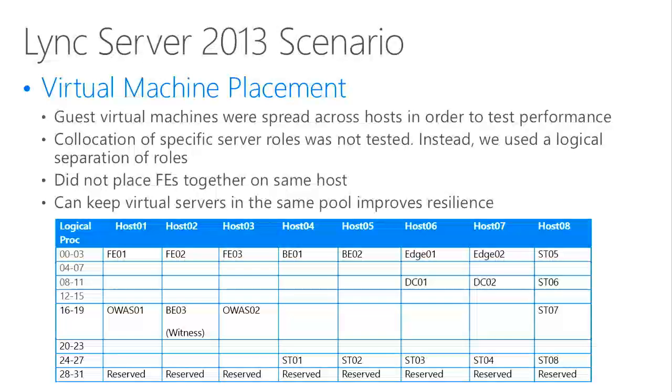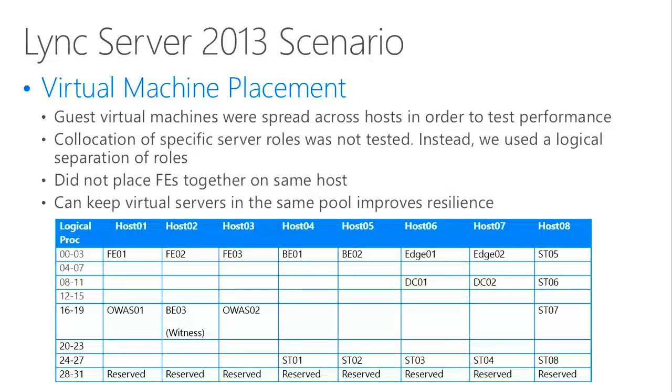One interesting point is that we didn't place the front end virtual guests on the same host. It's a really basic thing. If I've got two guests that are front ends on a host and that host goes down, and I've only got 3 front ends, I'm in trouble, aren't I? So you want to make sure of your spread there.